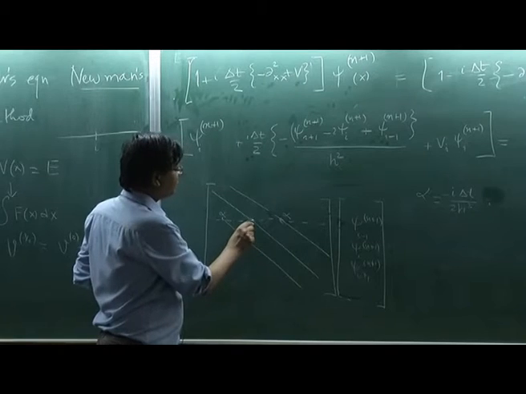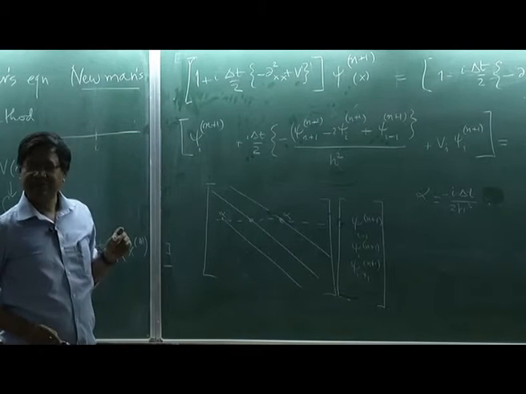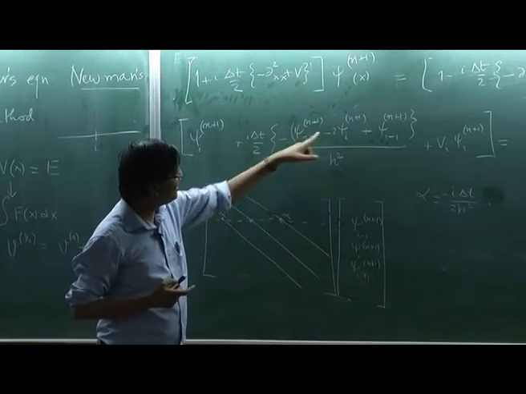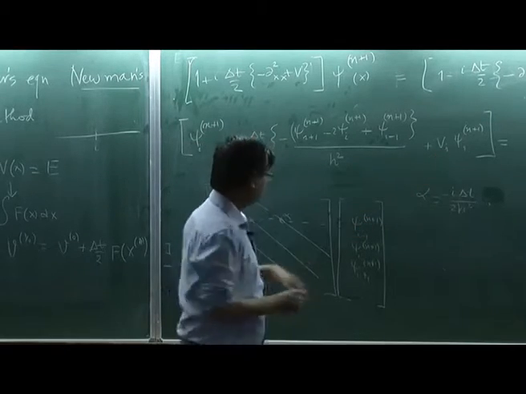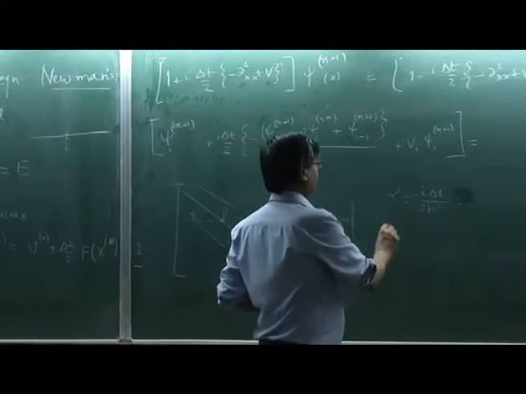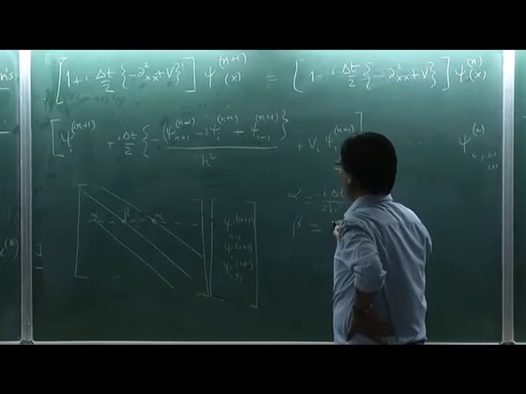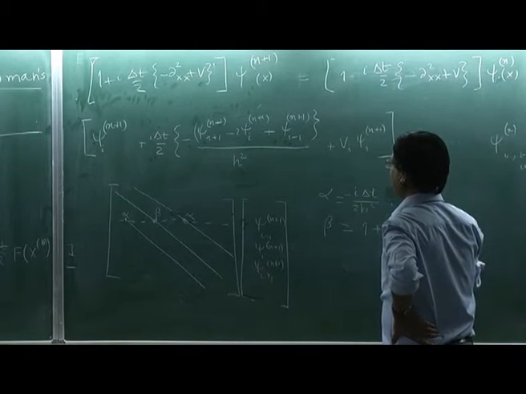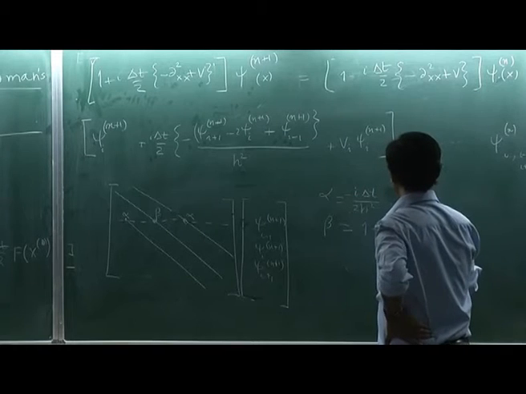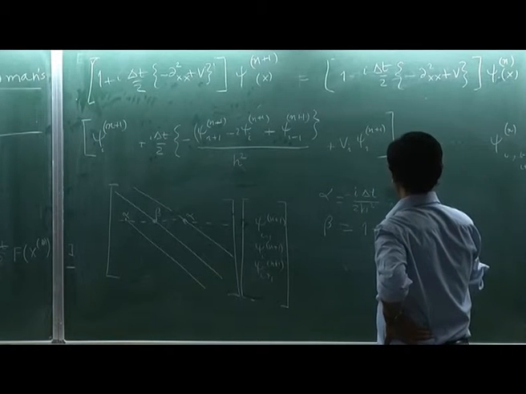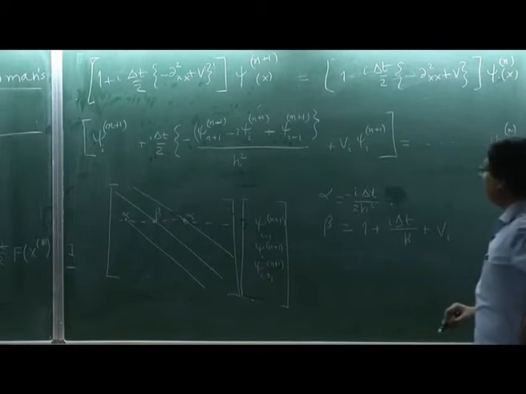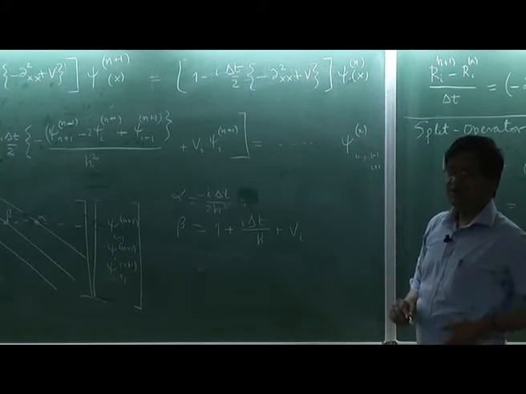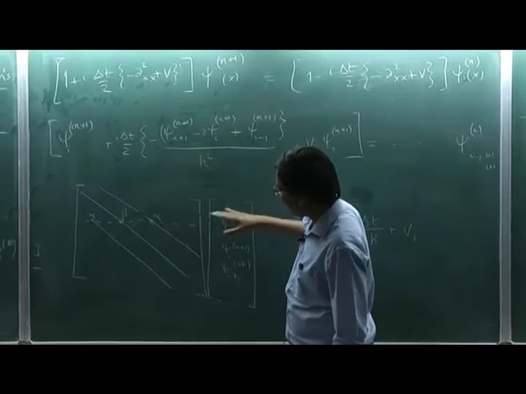And what about ψ(i)? The coefficient of ψ(i) has this 1 here, and there are these factors. So beta is equal to 1 plus, minus minus becomes plus, i Δt by 2 h squared. Unless I made a sign error, this is the term with beta. So this will appear for all ψ, everywhere.